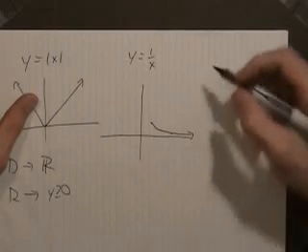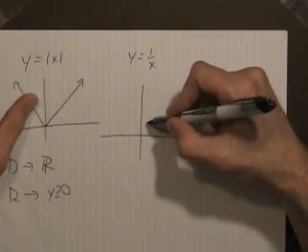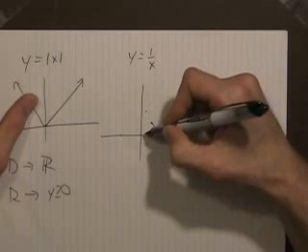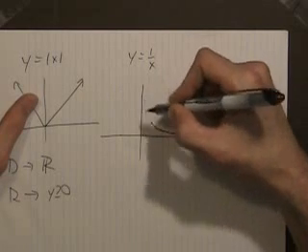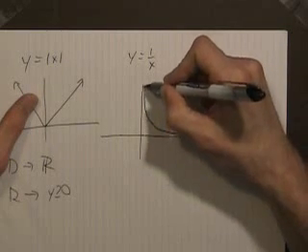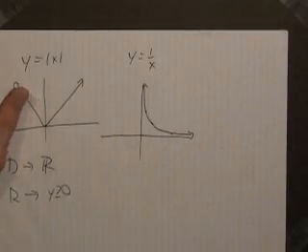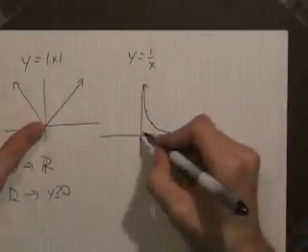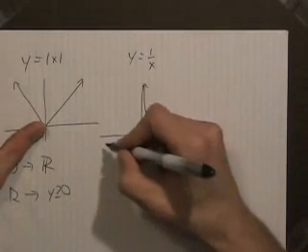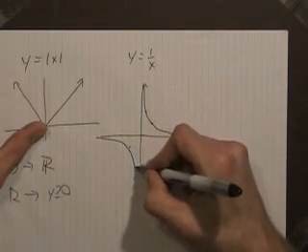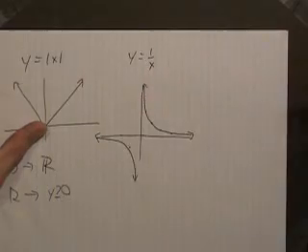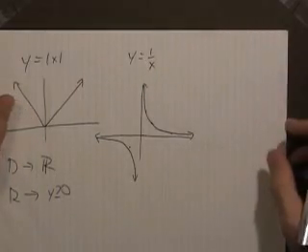And the smaller x gets, if we plug in numbers like 1/2, we'll get 2. And if we plug in 1/3, we'll get 3. So it's going to go up like this. The smaller x becomes, the larger the 1 over x is. And the only difference on the other side is it's just a matter of sign. Everything is the same, it's just flipped opposite sign. So when you see 1 over x, that's what you can expect.